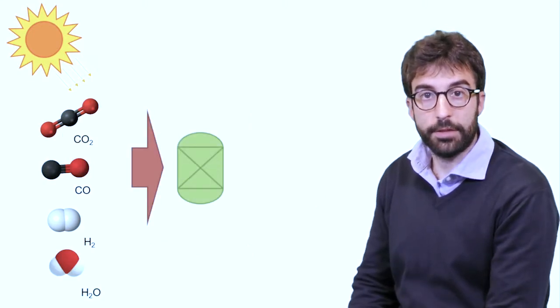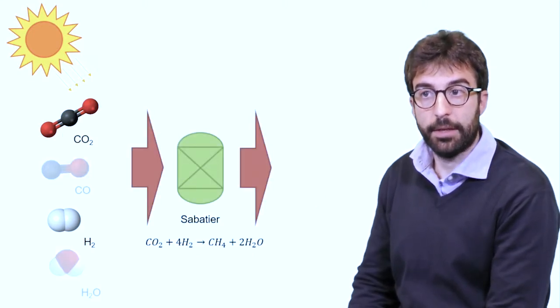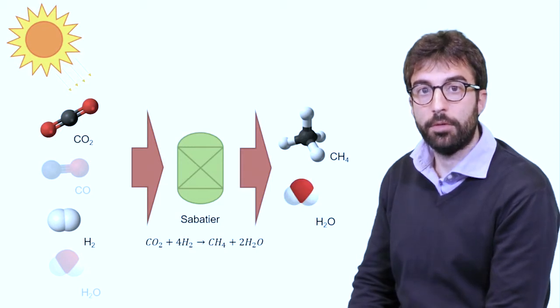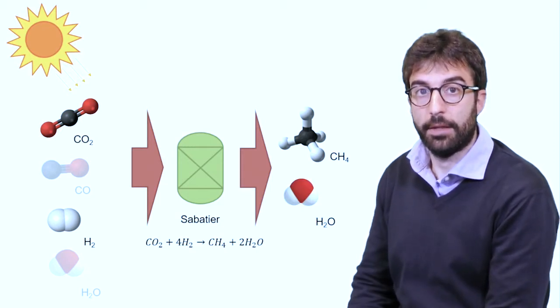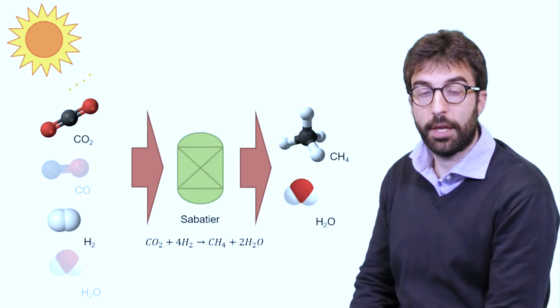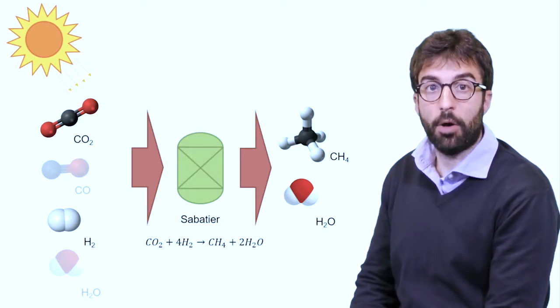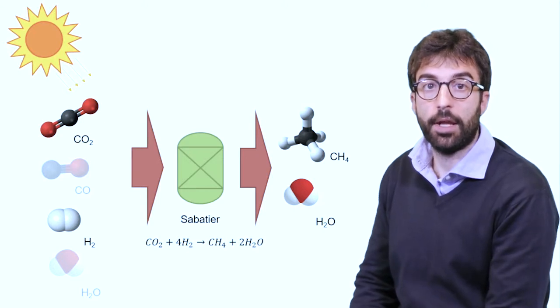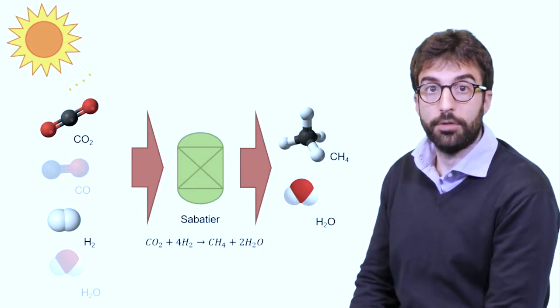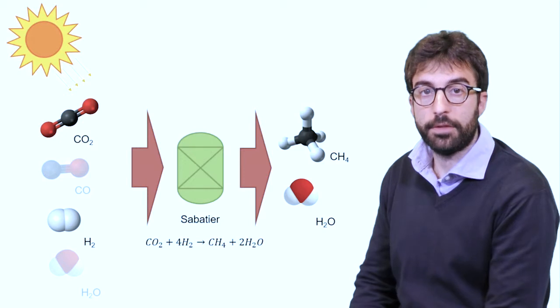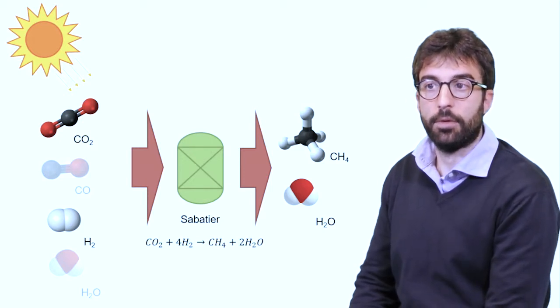Another interesting process is what is called the Sabatier process. In this case, the product that we want to produce is methane. Methane is pretty interesting because we can use it in many energy systems, or introduce it into the natural gas network so that we can improve the sustainability of an existing network.